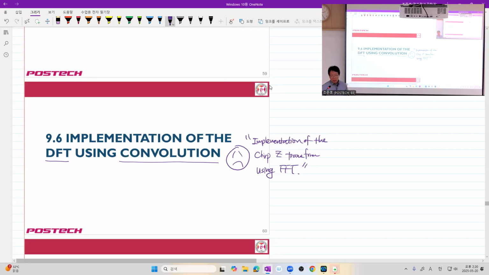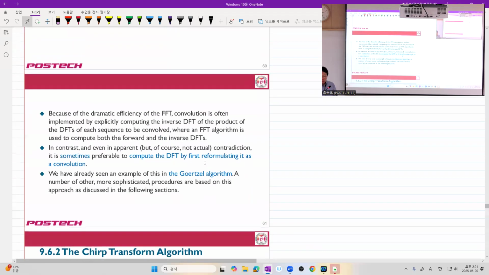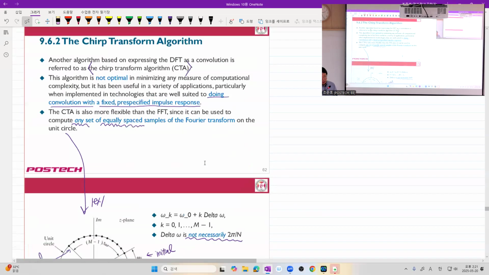As I told you, the trend is more and more implementation of something using FFT or DFT, because FFT is so powerful now. So I will explain this section more the reverse way, even though the title says implementation of DFT using convolution. So what kind of application are we thinking about?